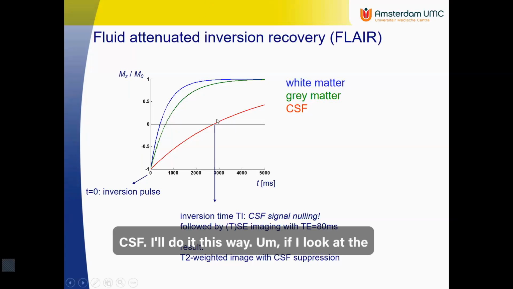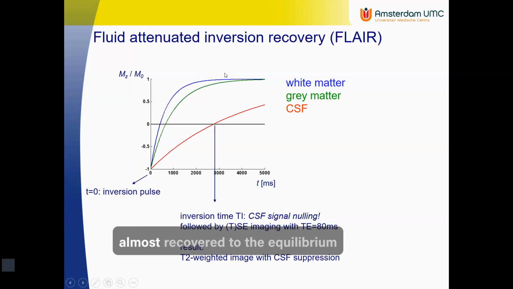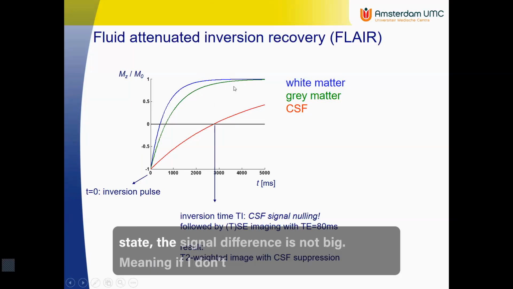If I look at the longitudinal magnetization of gray matter and white matter, I have almost recovered to the equilibrium state. The signal difference is not big, meaning I don't get signal from CSF, and roughly get the same kind of signal from white matter and gray matter.